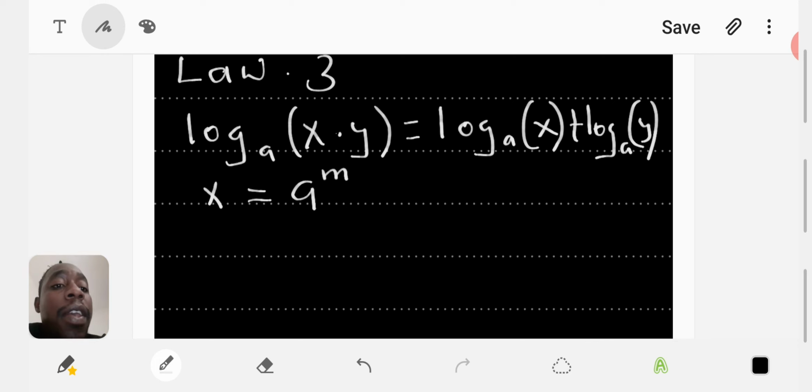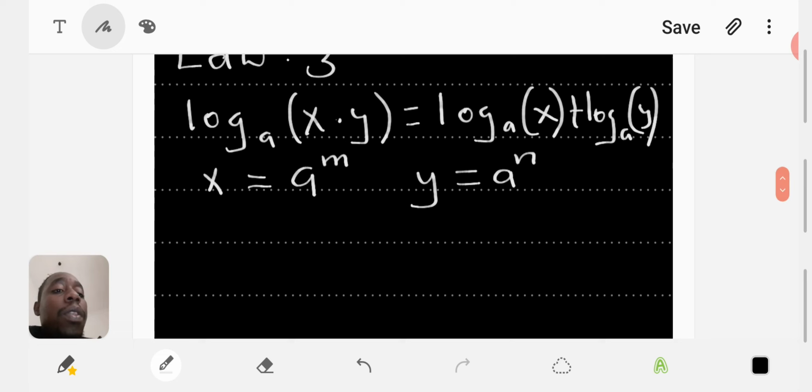Then our y is equal to a to the power of n. So basically m and n represent the answer that we get if we take the logarithm to the base of a of x, we get m. In terms of y, we get n.